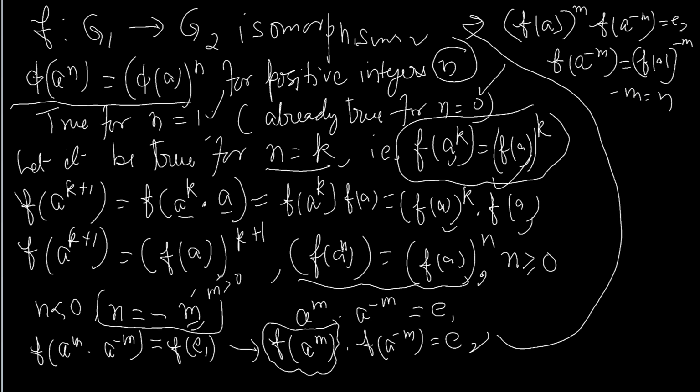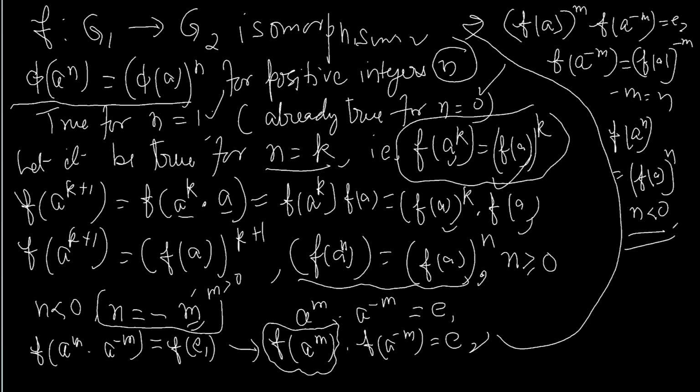So what does this give us? This gives us that f of a to the negative m means a to the n. That is the same as f of a whole thing to the power n, even for a negative integer.